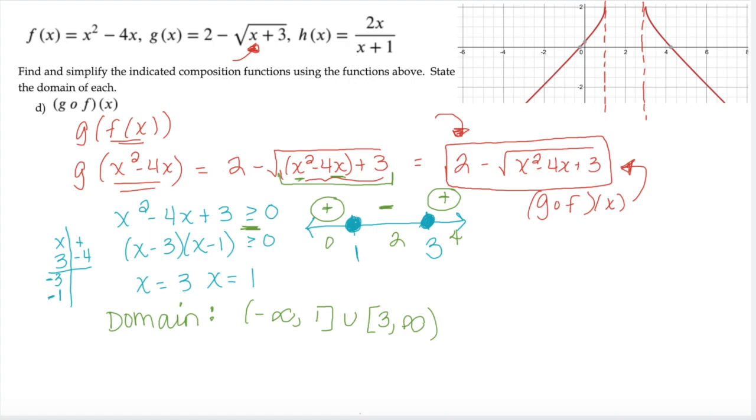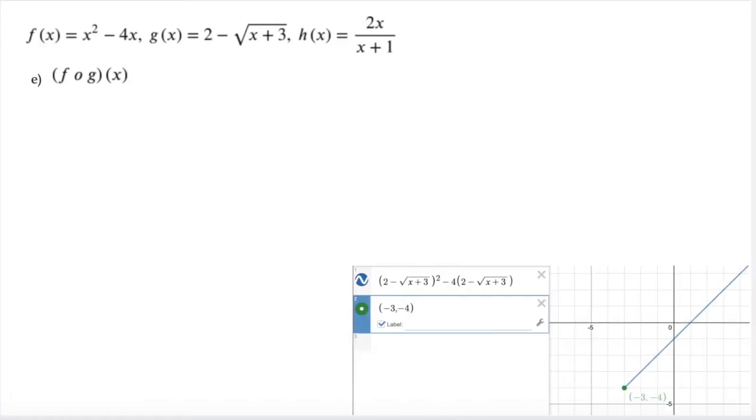Let's do another example. This time I want to do f of g of x. So last time we did g of f of x, I want f of g of x this time. In my f function, I'm going to substitute my g function. My g function is 2 minus the square root of x plus 3.